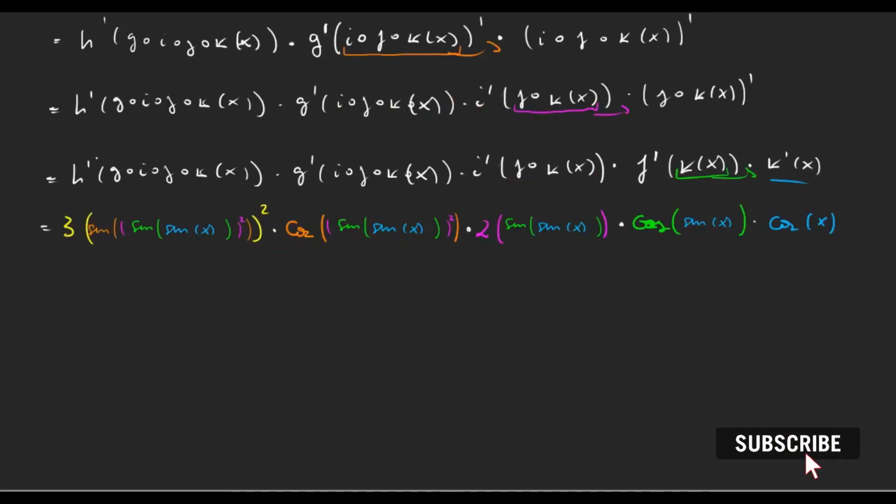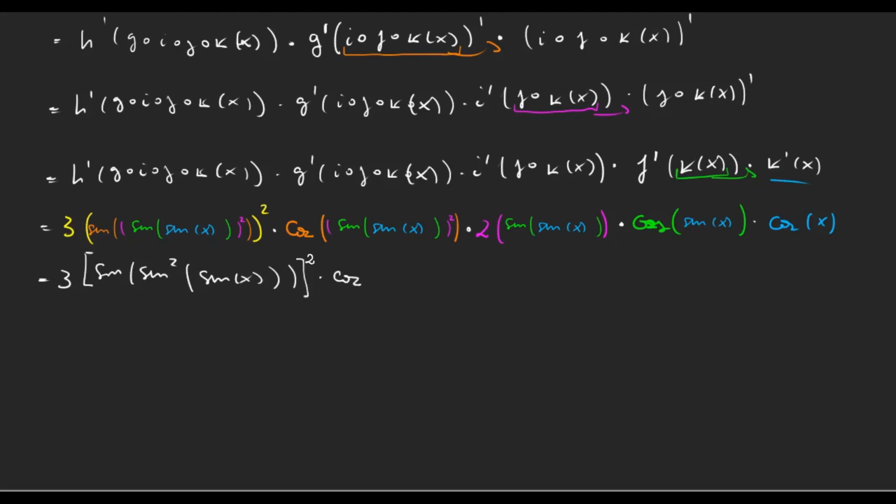So then this is our derivative. We're going to have 3 times the sine of the sine squared of the sine of x, times the cosine of sine squared of sine of x, times 2 times the sine of the sine of x, times the cosine of sine of x, times the cosine of x.